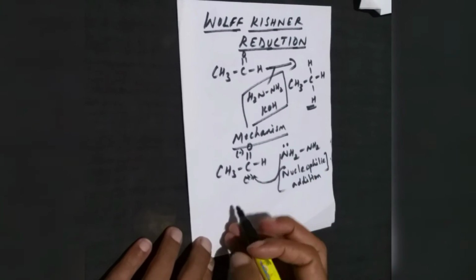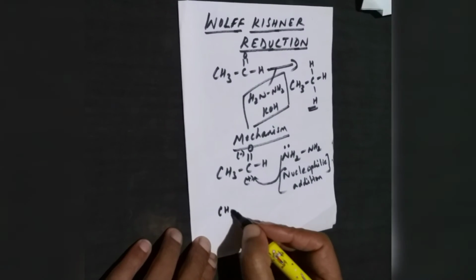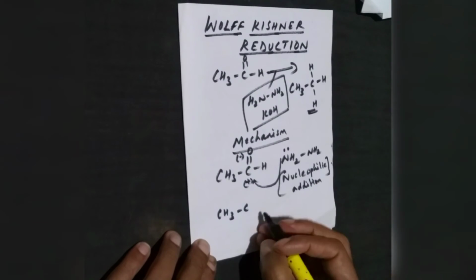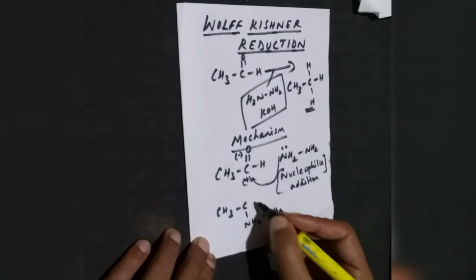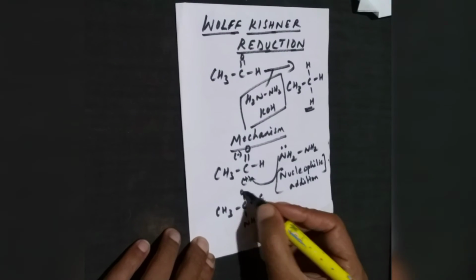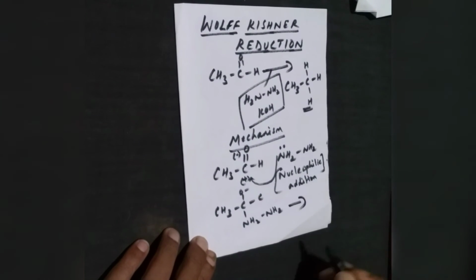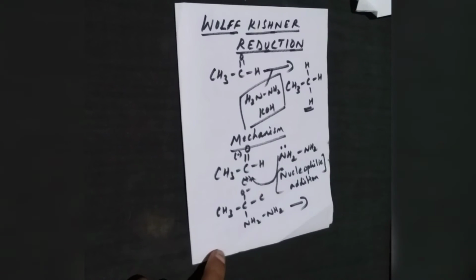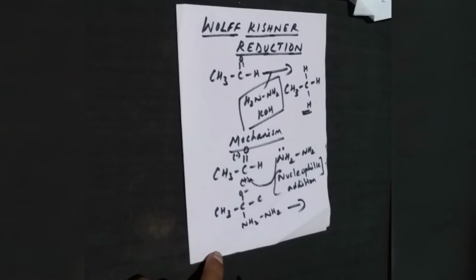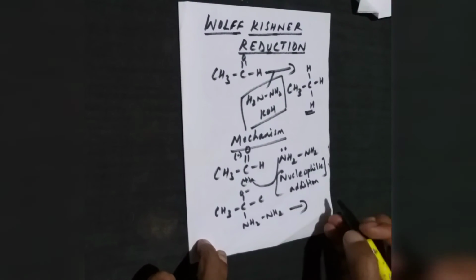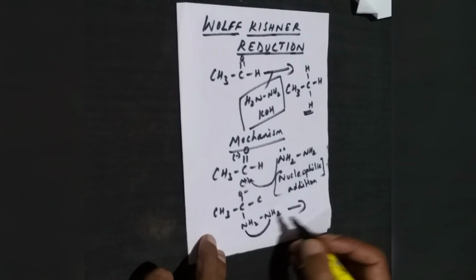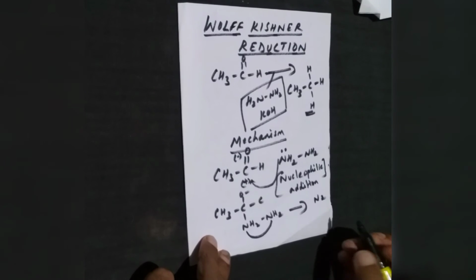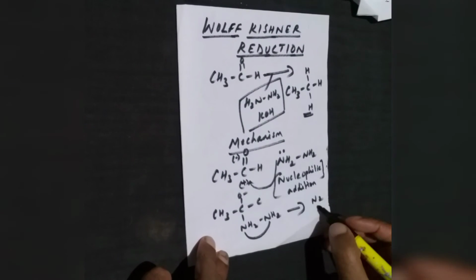So the moment I add the nucleophile here, what will be the result? It will be CH3, C, with the NH2 and NH2, and here I'll have the C and O minus. So the step is nucleophilic addition. After this, we know that in this part, one nitrogen will be liberated, then H2O will be liberated.